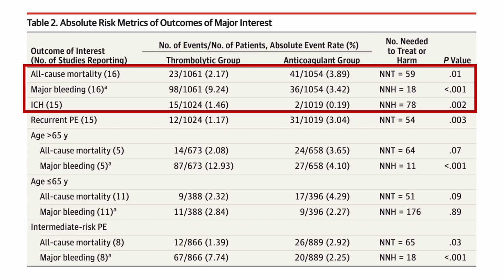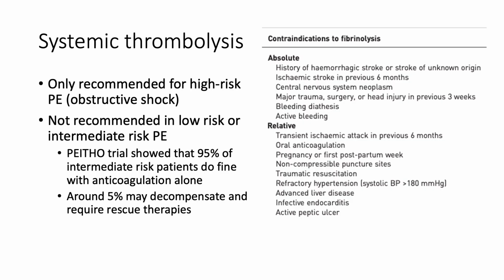However, the number needed to harm to cause major bleeding is 18, and to cause an intracranial hemorrhage is 78. And so, based on that, we reserve systemic thrombolysis for patients with high risk PE, so those patients with obstructive shock, because in those patients, the benefits outweigh the risks. Not recommended in low risk patients or with intermediate risk PE.